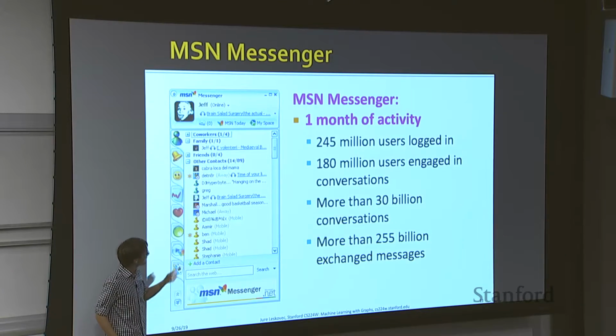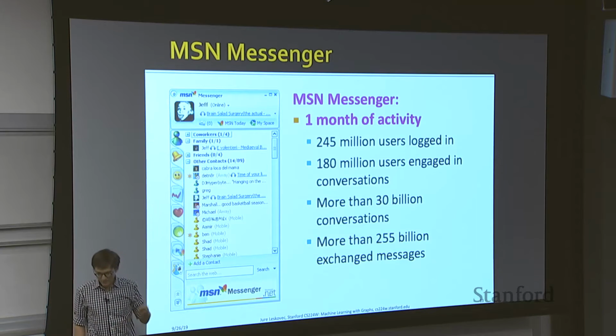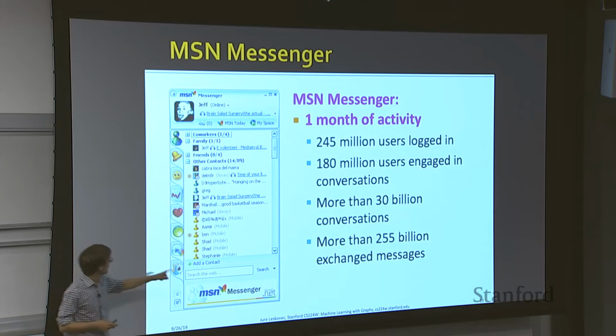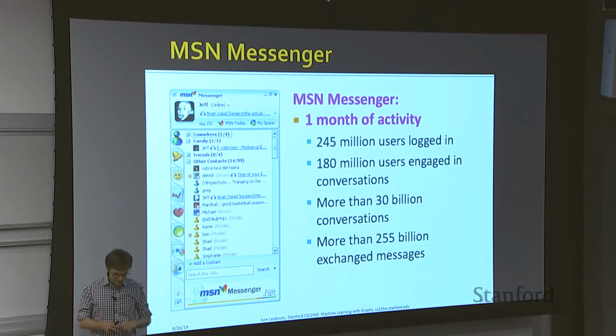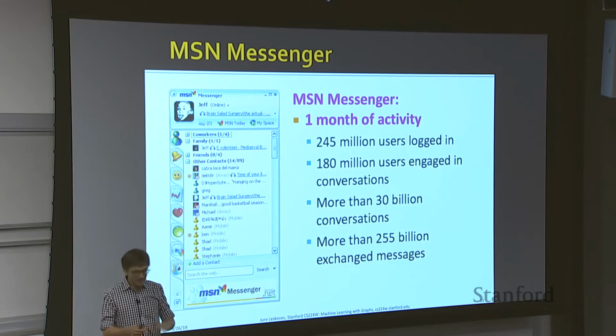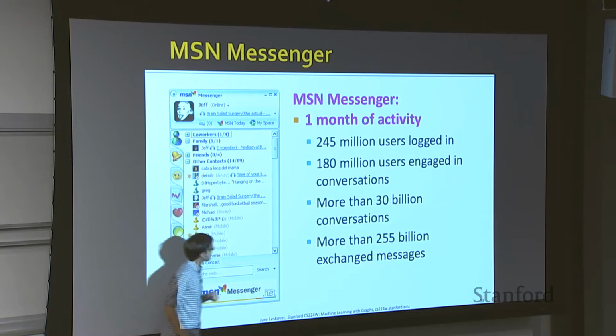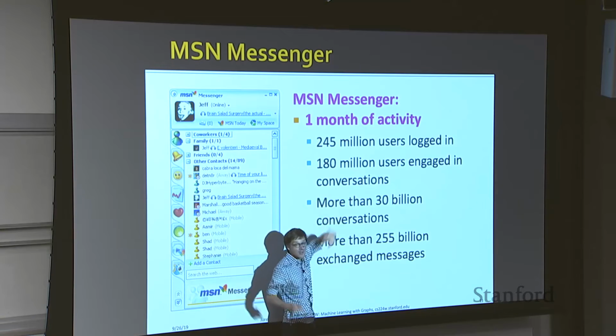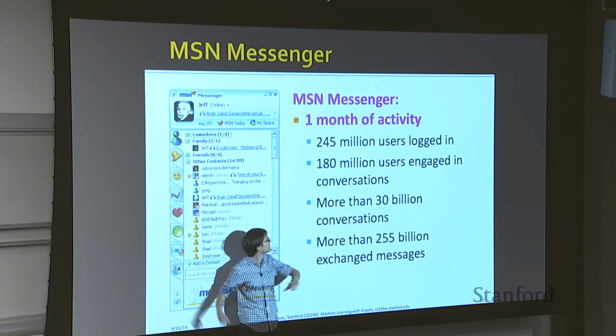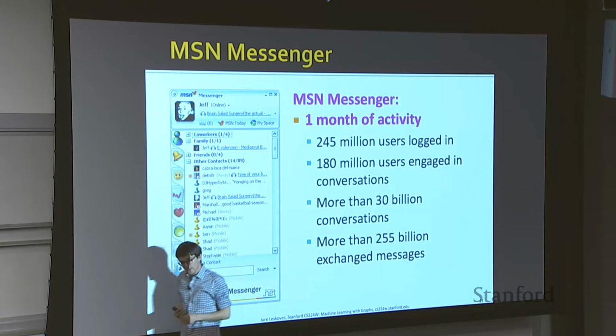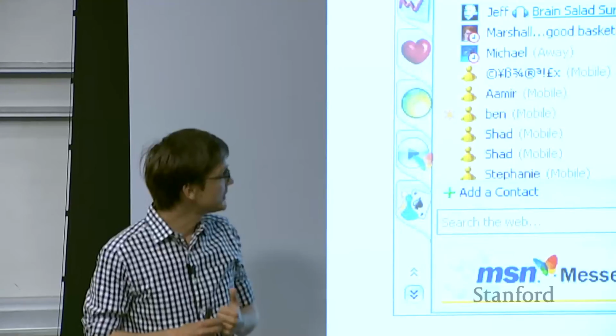Okay? So the network came from this tool Microsoft has. Now I think they renamed it, but it was called Microsoft Instant Messenger, where you could go and message other people. Think of it as iMessenger or WhatsApp, essentially the same, right? And at that point in time, if we look at 1 month of activity of this service, around 245 million people actively used the service.